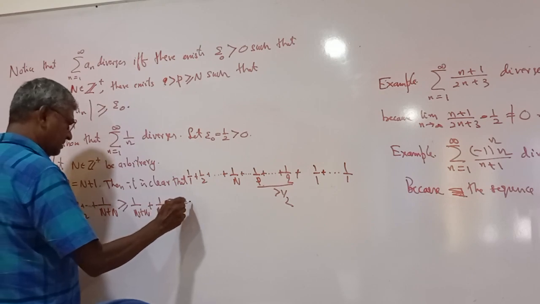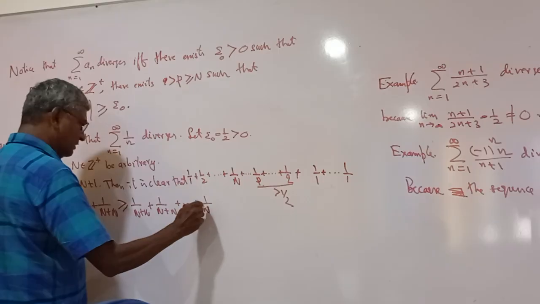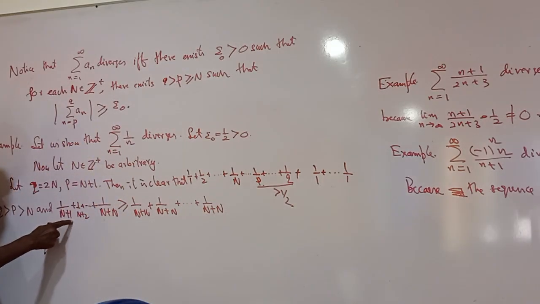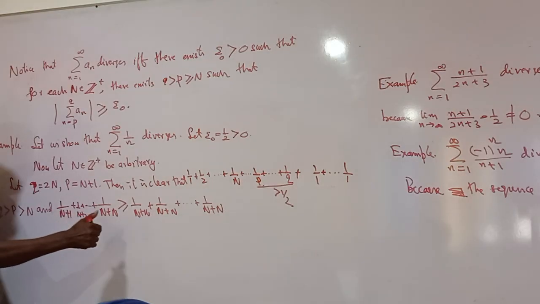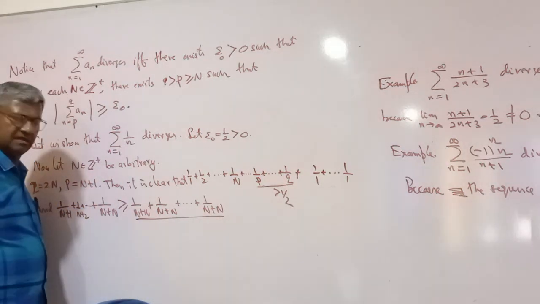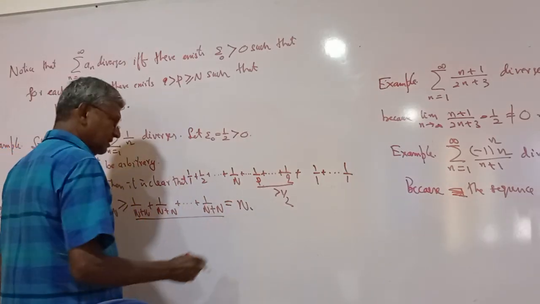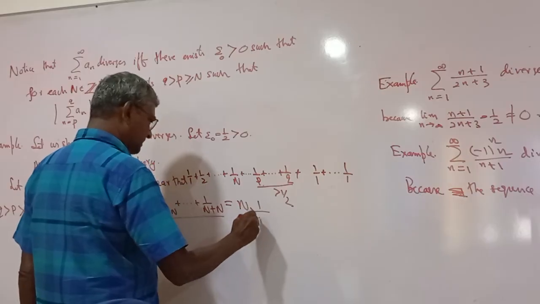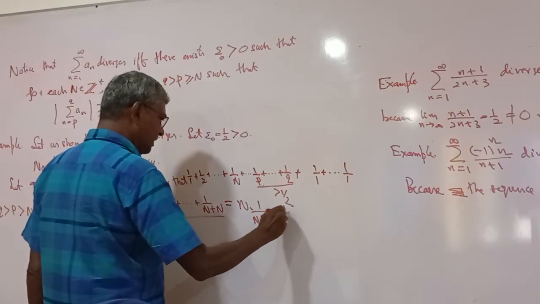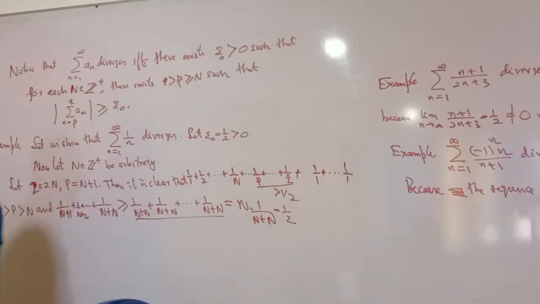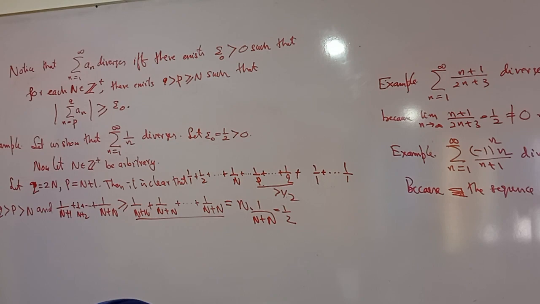All of them are bigger than or equal to 1 over n plus n. There are capital N terms here, so all of them are N times 1 over n plus n. This is N times 1 over 2N, which is equal to 1 half.